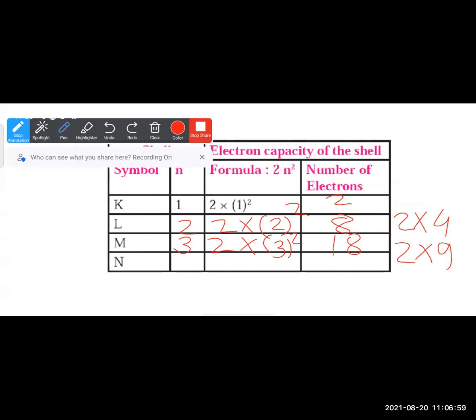Now the fourth shell, according to the formula, 2 into 4 squared. 4 squared is 16, and 2 into 16 is 32. So the fourth shell, the N shell, will have a maximum of 32 electrons.